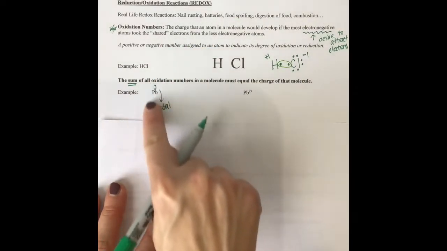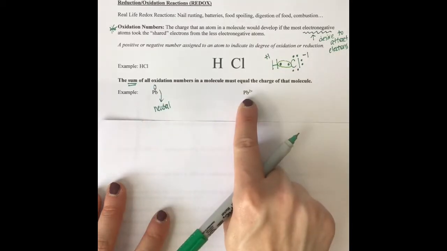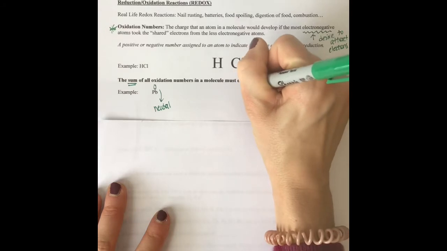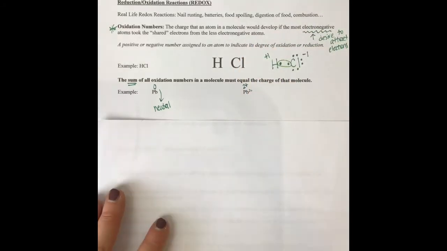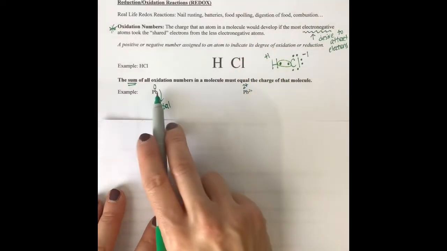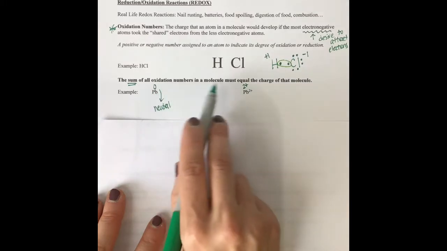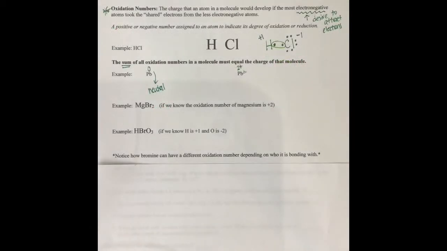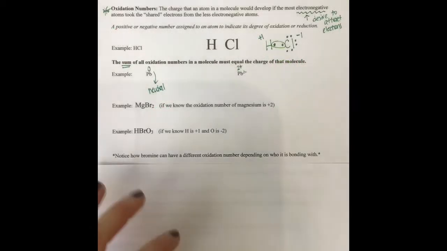You will see this a lot. Now, if you're given lead with a charge, then its oxidation number is equal to the charge. So the same element can have a different charge depending on what you're working with or who it's bonding to.